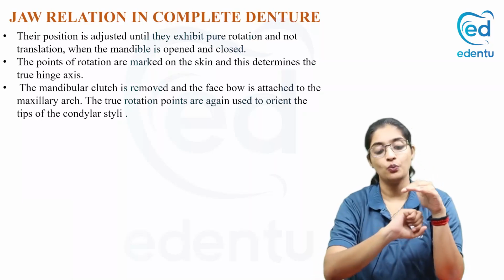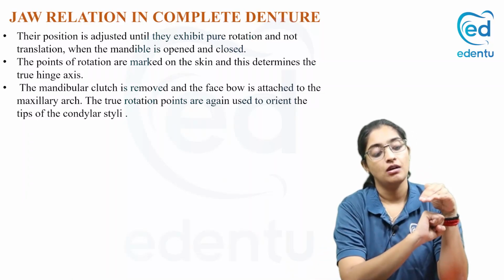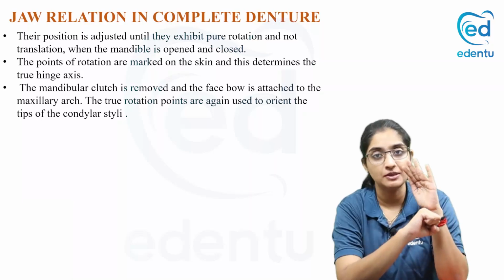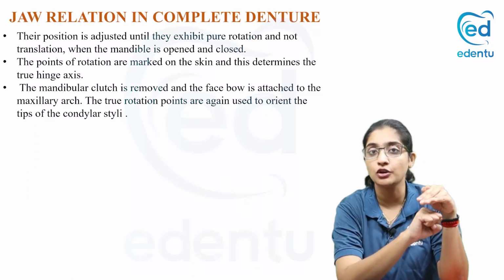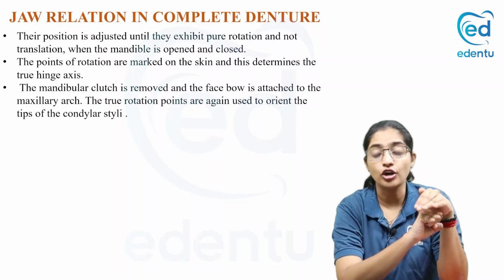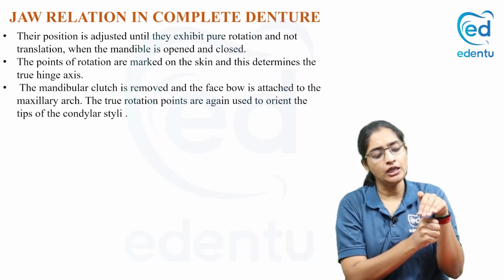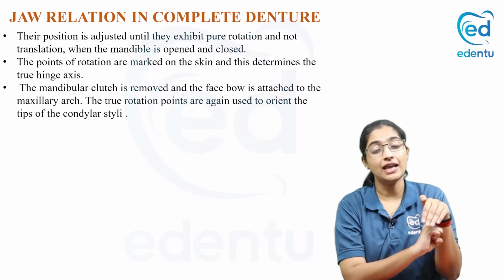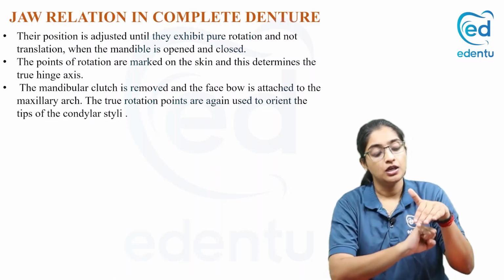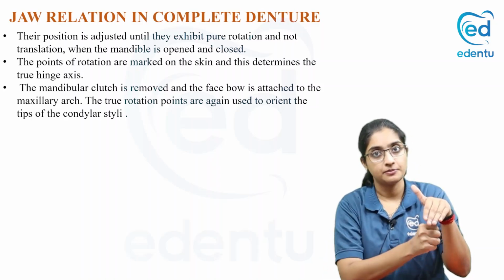Based on that, their position is adjusted until they exhibit a pure rotation and no translation. As we all know, when there is mouth opening up to 8 millimeters, it is purely rotational movement inside the condylar fossa.